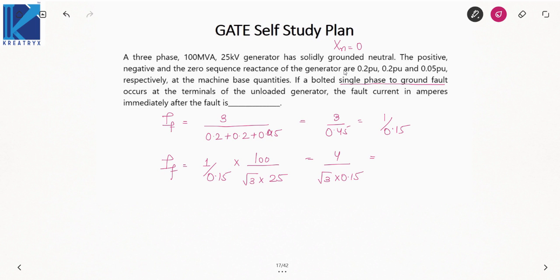It will come out to be 15396.7 ampere. Because it is MVA and it is kV, it will actually remain as 4000. Okay. So always take into consideration the units, because it will hamper your progress. Otherwise, you will commit a mistake in taking the power of 10.